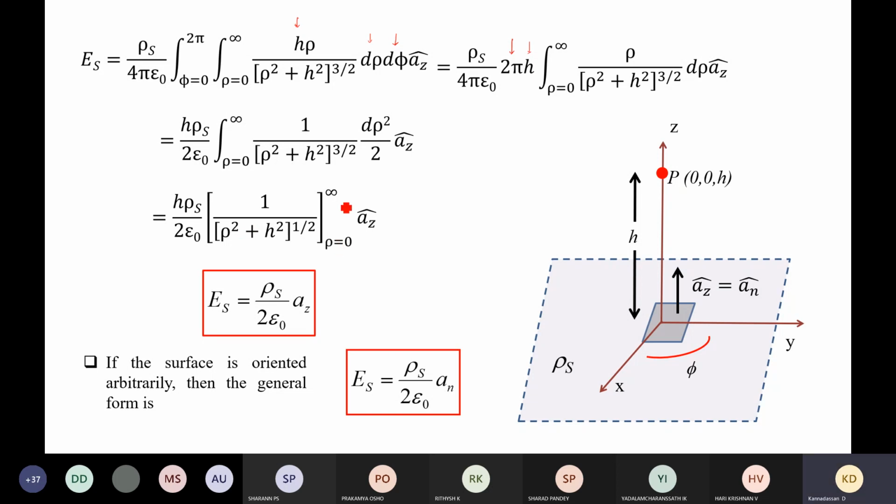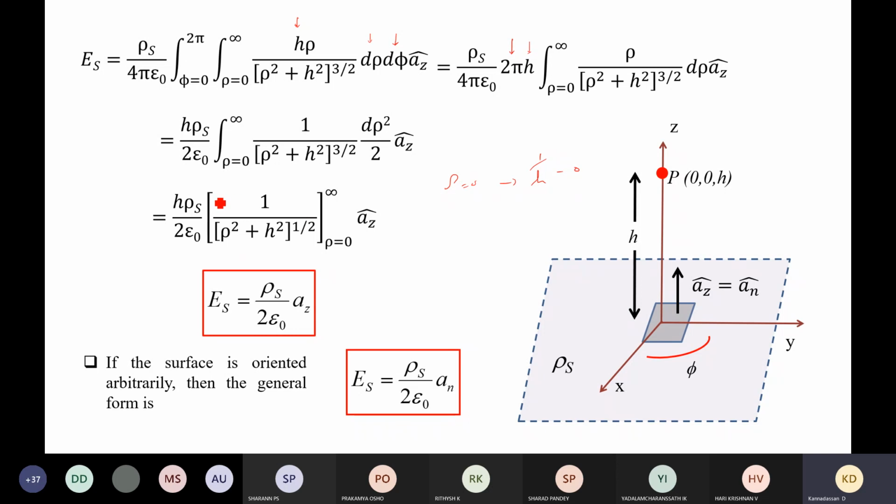Then you have to substitute from 0 to infinite. When you substitute 0, you will get h square root, which will become h. So when you substitute rho equal to 0, you will get the 1 by h term. For the second term, when you apply infinite, you will get 1 by infinite, which is 0. So the resulting value is 1 by h.